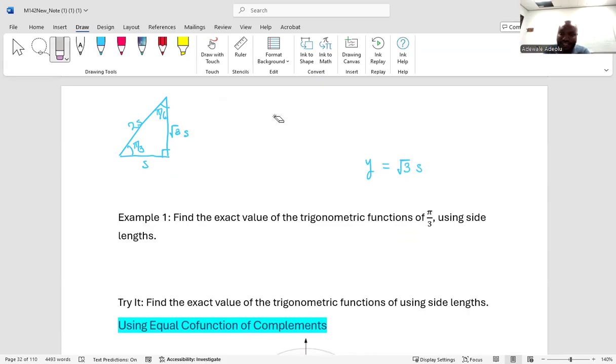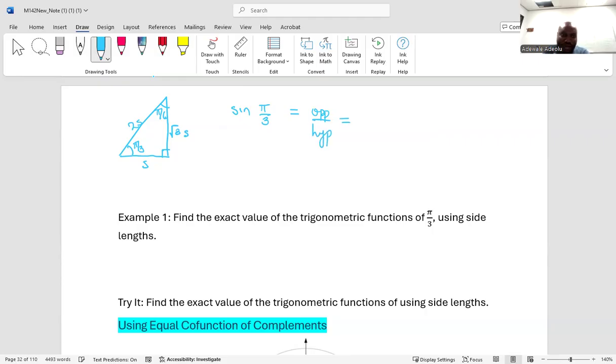Now, let us see. We can find sine of 60 degrees, or sine of pi over 3. Remember from SOHCAHTOA, sine is opposite over hypotenuse.